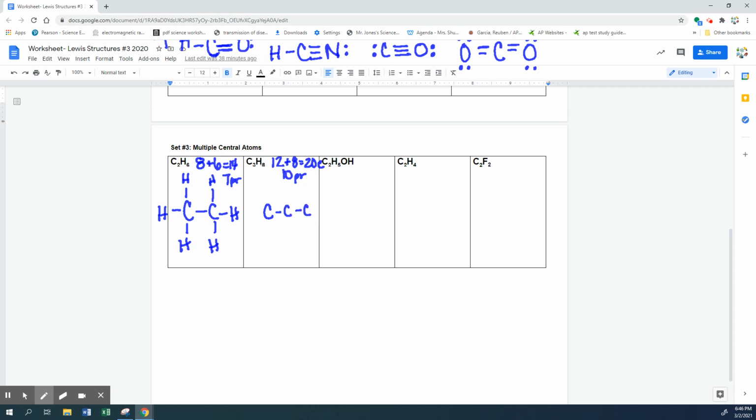I have 8 hydrogens. So this carbon needs 3 because it only has 1 bond. So 1, 2, 3. This carbon has 2 bonds, so it needs 2 more.